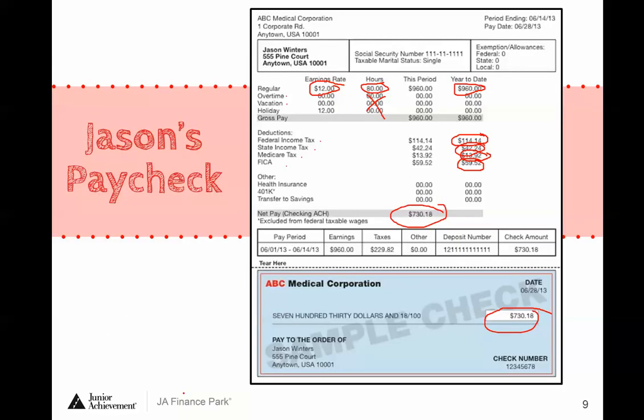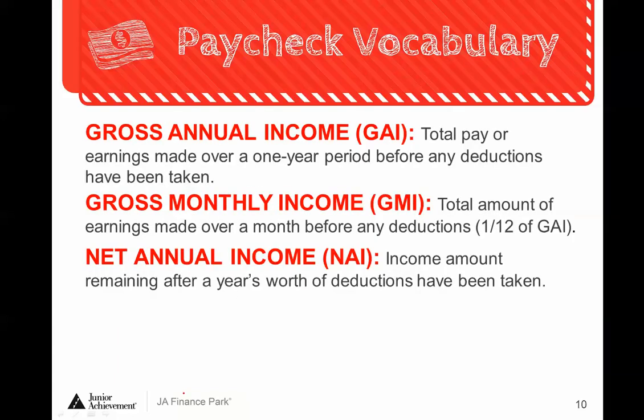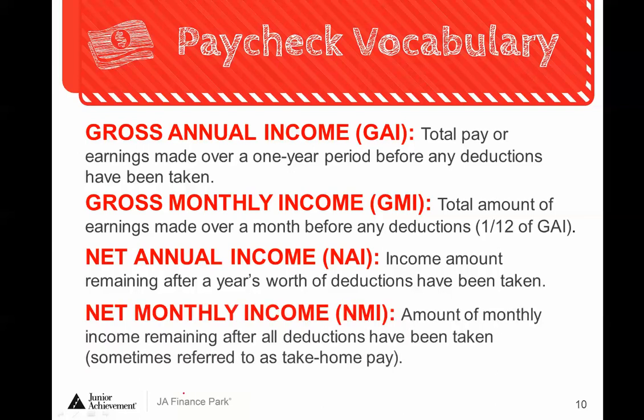His was weekly, bi-weekly. And then net annual income, the amount of income after your deductions are out, and net monthly income, or NMI, that's the amount of money you make after your deductions are taken out of your monthly pay. They also call this take-home pay. That's the actual money that's going into your bank account.